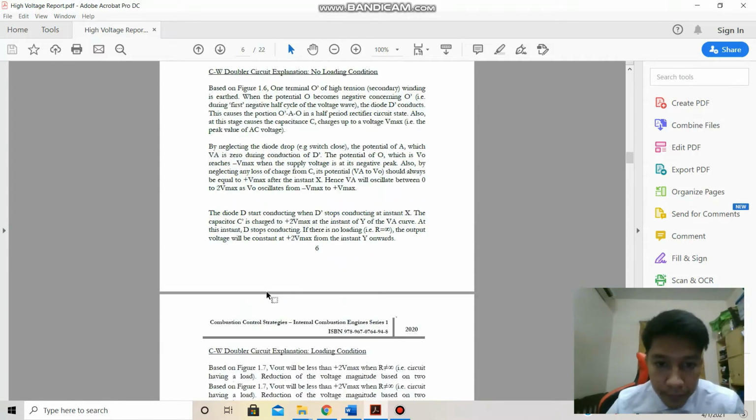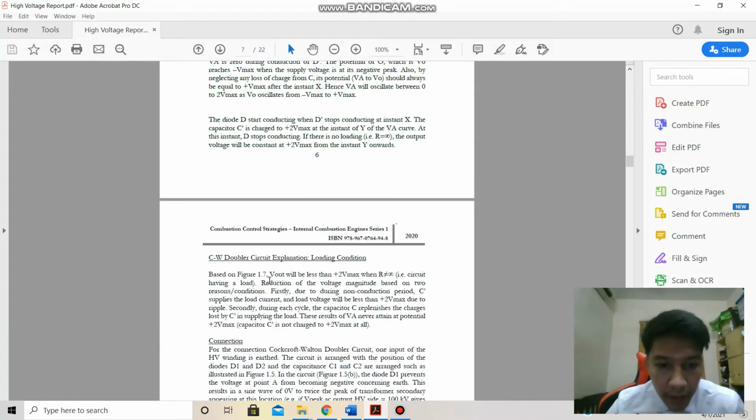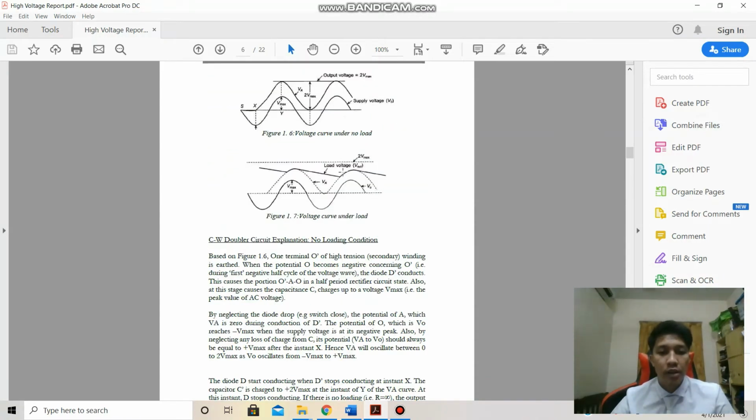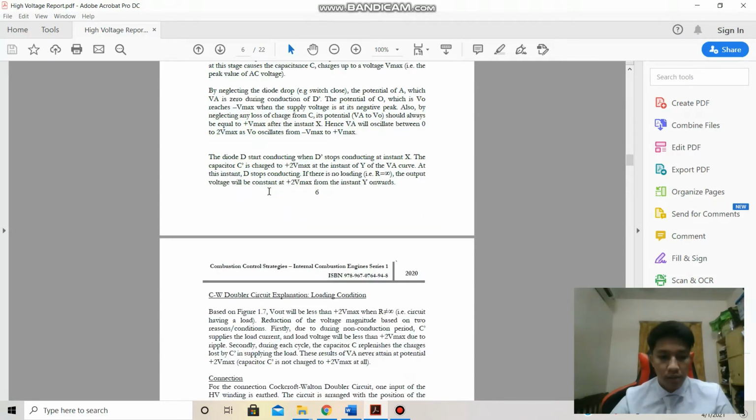You can see there is a load, and the reduction of the voltage magnitude is based on two reasons. Firstly, during the non-conduction period, the capacitance supplies the load current and the load voltage will be less than positive 2 Vmax due to ripple. You can see the ripple.